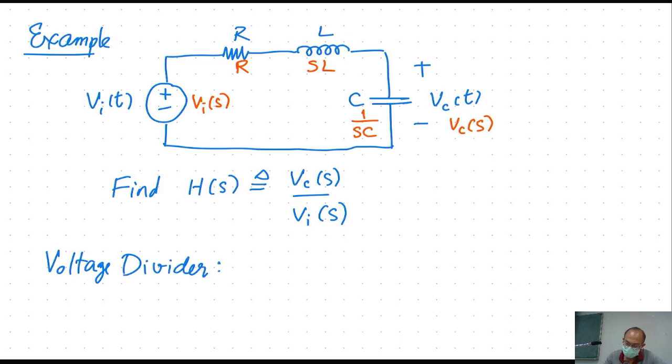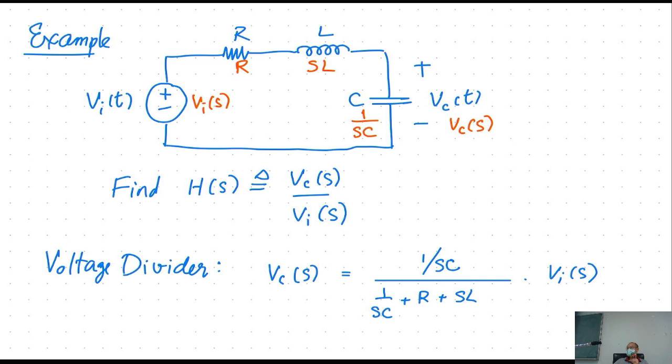By using voltage divider, we found that VC is equal to 1 over SC divided by 1 over SC plus R plus SL times VIS. This is voltage divider, right? Hope you remember.